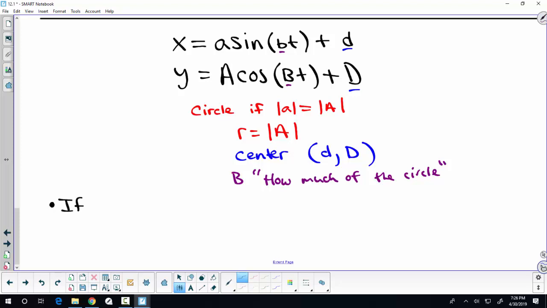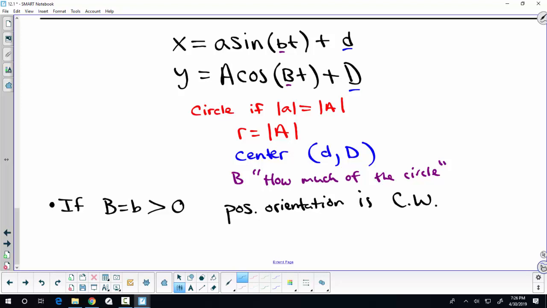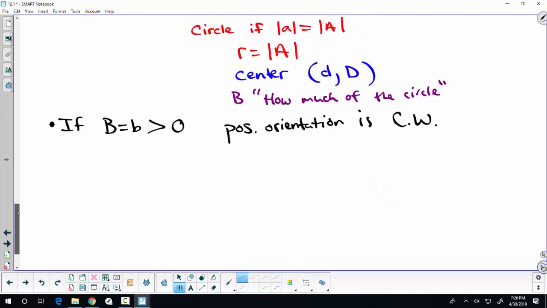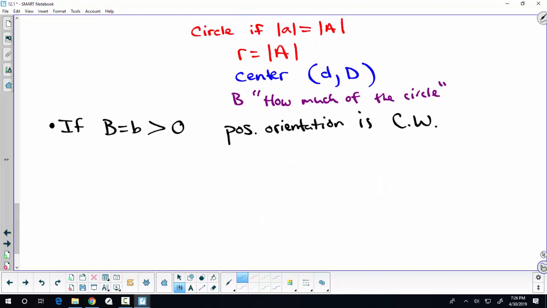So this time if B is positive, then the positive orientation is clockwise. We just kind of switch the role. Sine, cosine switches the orientation. And the initial point.